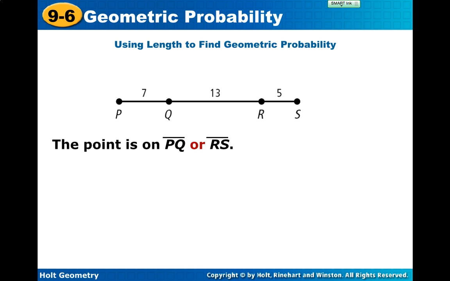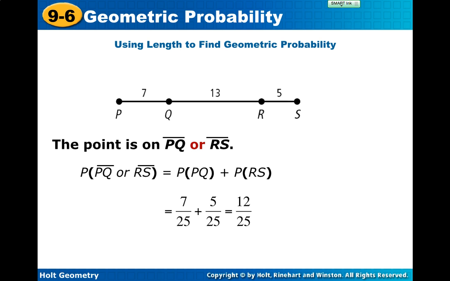You can either do the probabilities separately, like 7 out of 25 plus 5 out of 25, or you could add it together to begin with. I'm coming up with 12 25ths. 7 and 5 makes 12, 12 out of 25.